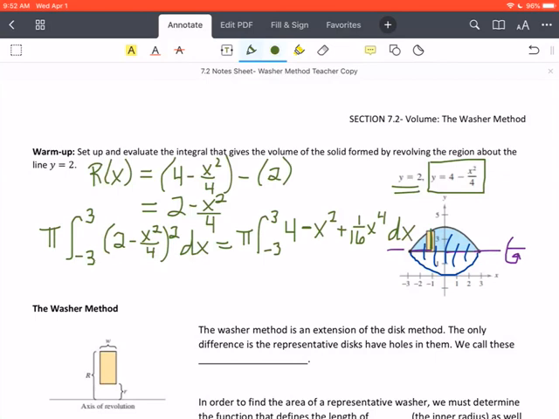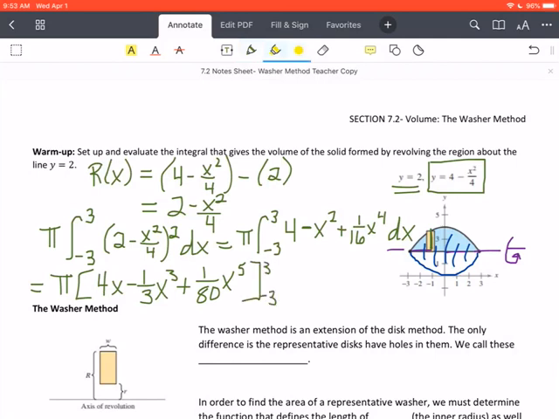Now at this point, let's go ahead and just do the integration because it is a warm-up. So we have pi, and we have 4x minus 1/3 x cubed, plus, 16 times 5 is 80, so 1 over 80 x to the 5th, and we have to evaluate that from -3 to 3.